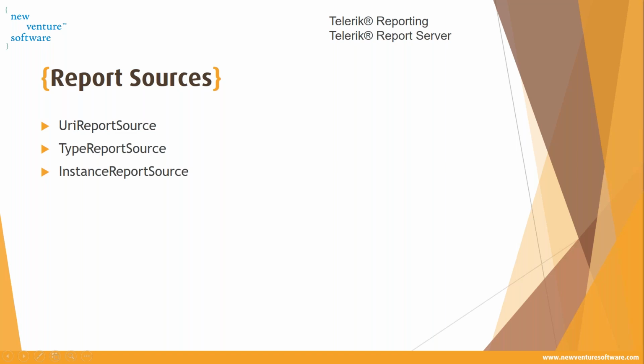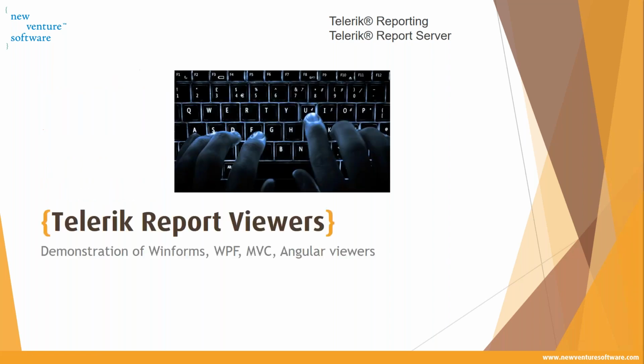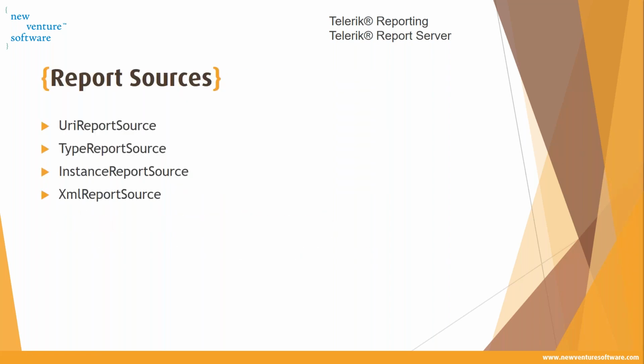You can also use an instance report source, where you create an instance of the report manually using the APIs, or you can even have an XML report source, for example, in cases when you want to instantiate a report just from an XML string. For example, if you retrieved the report definition from a database server.